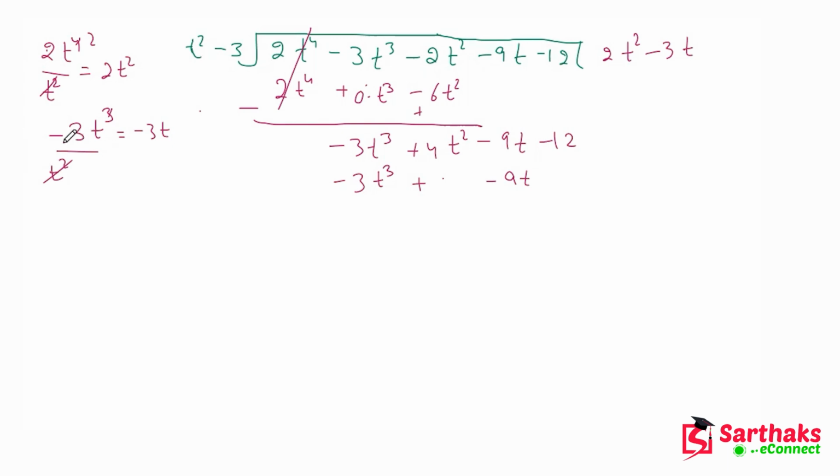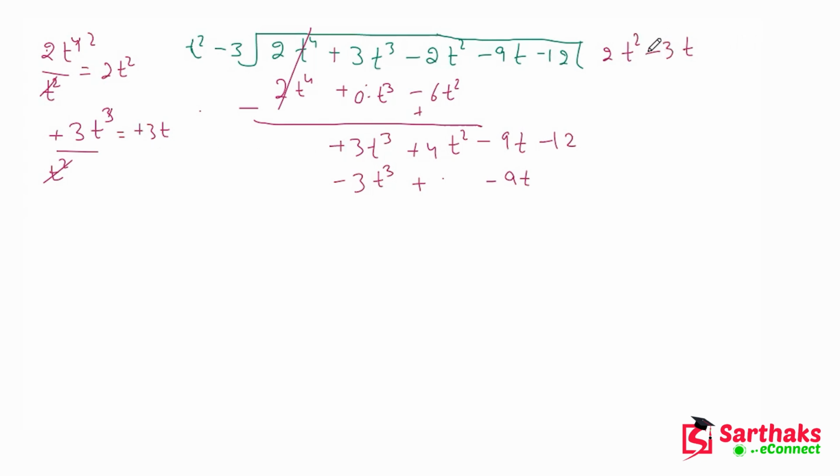Now here, minus 3t cube is divided by t square, then we get plus 3t.